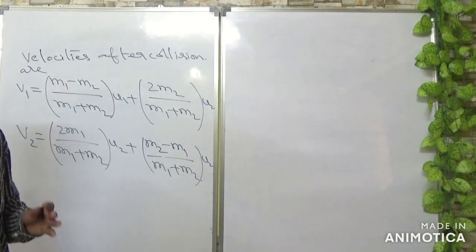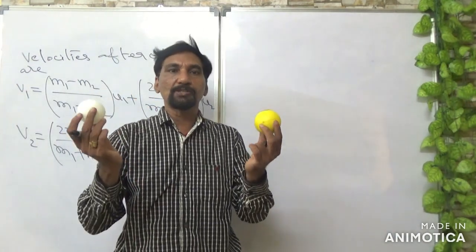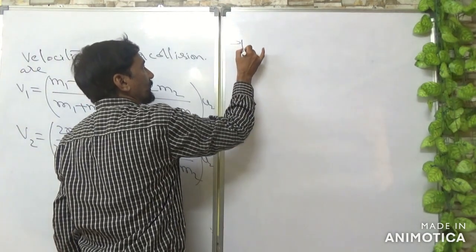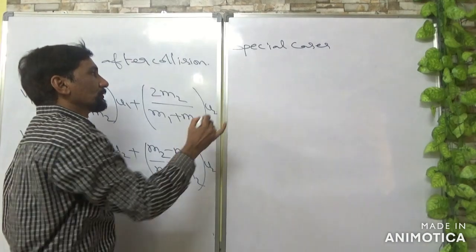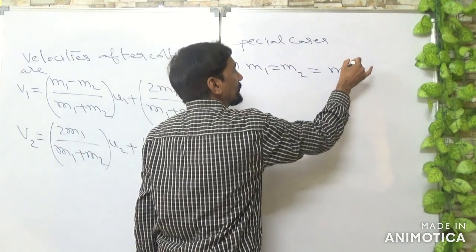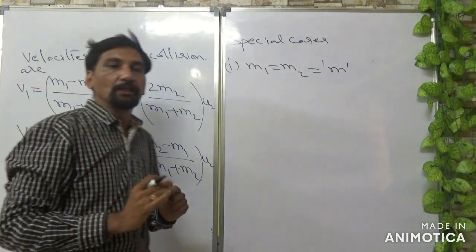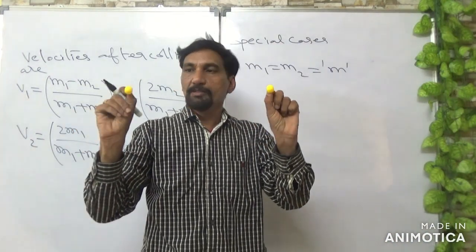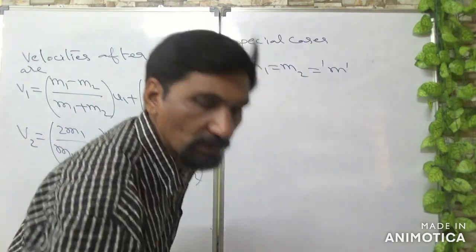Now let us consider special cases. First, suppose the two bodies have equal masses, that is, the mass of the first body and the second body are equal, and they had an elastic collision.